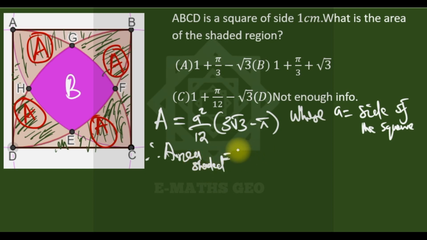is now equal to the area of the square, which is a squared, minus 4 of this, as you can see, C, B, G, B, A, H, A, D, E, and finally D, C, F. Do you see it? So minus 4 times a squared over 12 times 3 root 3 minus pi.